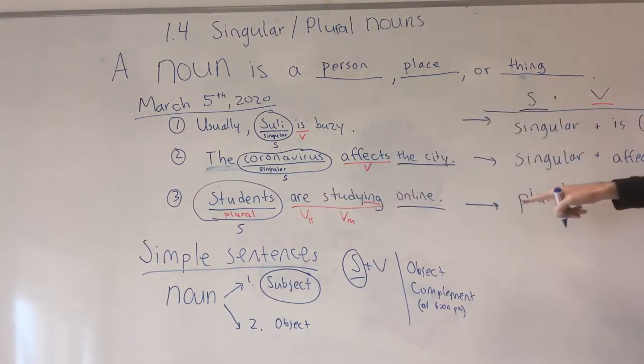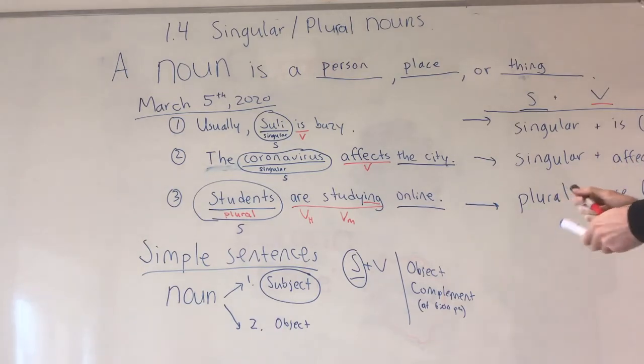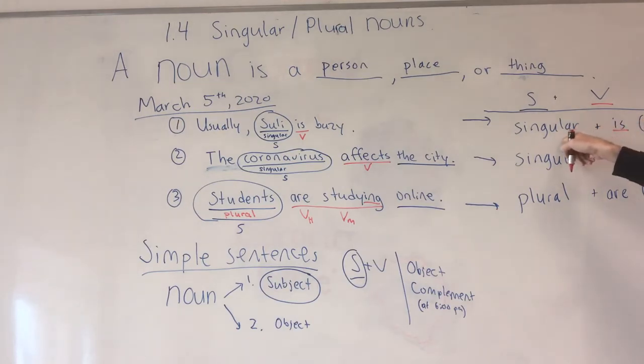Students, plural are, okay? That's verb be. All right, so when you have a singular subject, you have to use the S form of the verb, okay?